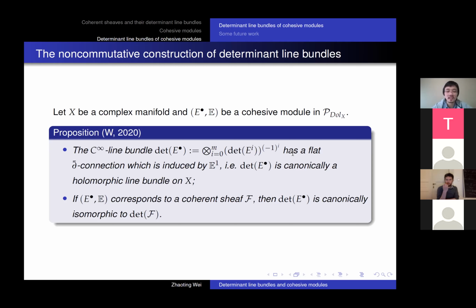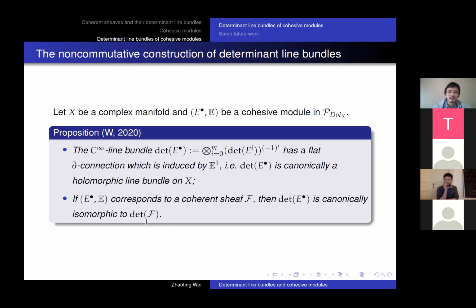Then the point is it has a flat D-bar connection, which is induced by the E1 component of the cohesive module. That's the Z-graded connection. Moreover, the new definition is compatible with the old definition. That means if E dot corresponds to a coherent sheaf, then the newly defined determinant of E dot is canonically isomorphic to the original definition using gluing and patching.